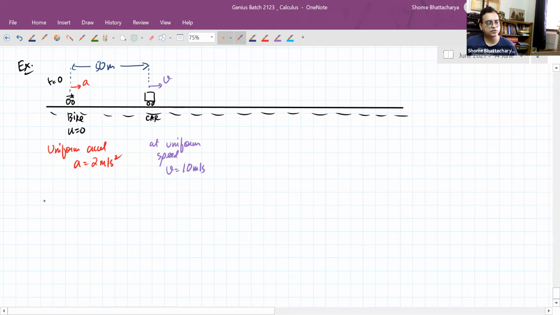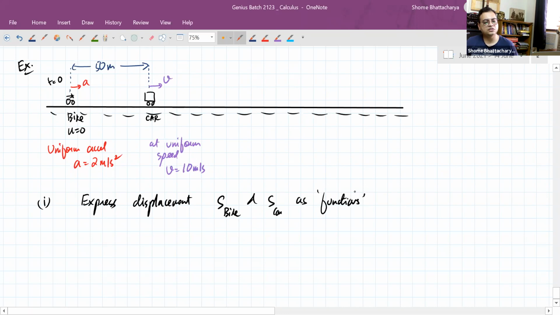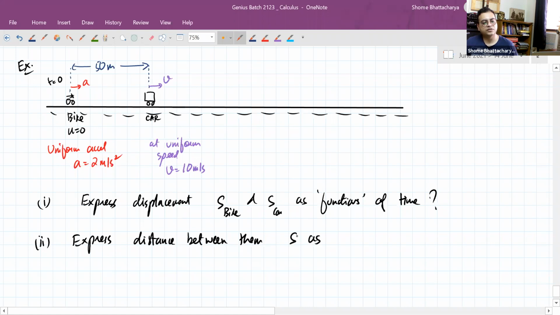So now what we have to do is, first of all, express the displacements for the bike and the car as functions of time. Then from that we will express the distance between them as a function of time. So we'll take the distance between them as s.